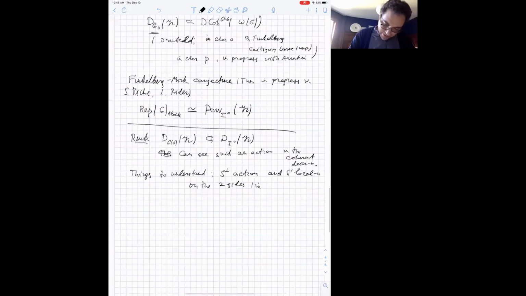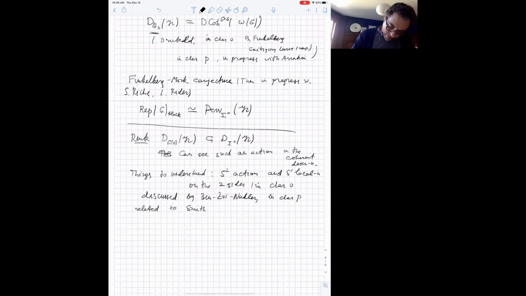In characteristic 0, this was discussed by Ben-Zvi and Nadler some years ago. And here in characteristic p, this should be closely related to the recent works on so-called Smith theory, which is localization, maybe German's Smith theory.